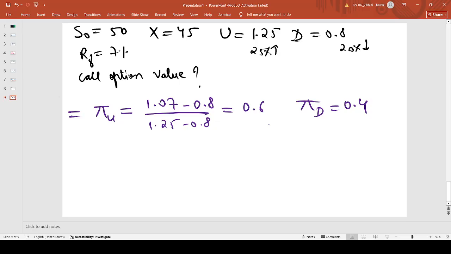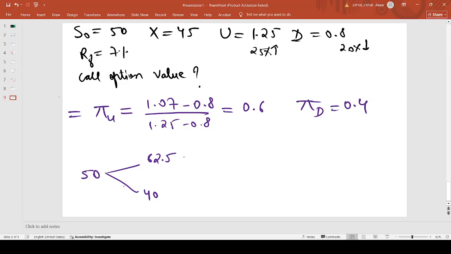Now let us first make the binomial tree for the stock price. A very small binomial tree just for the stock price. It's $50 in the starting. It can increase by 25%, so it's 50 into 1.25, which gives you 62.5, or 50 into 0.8, which gives us 40.